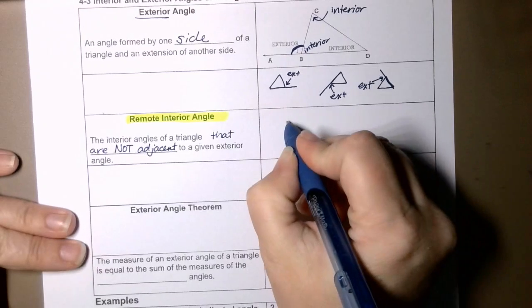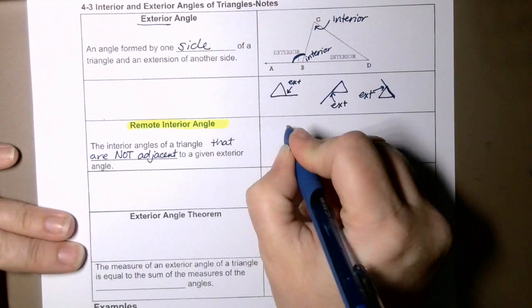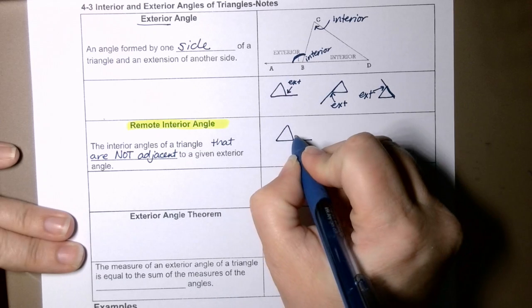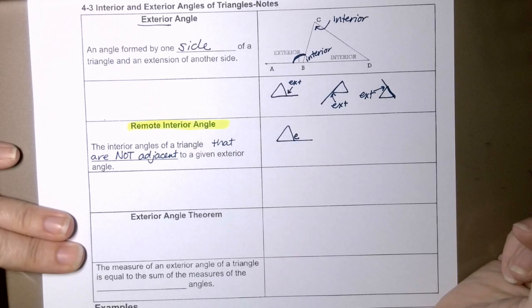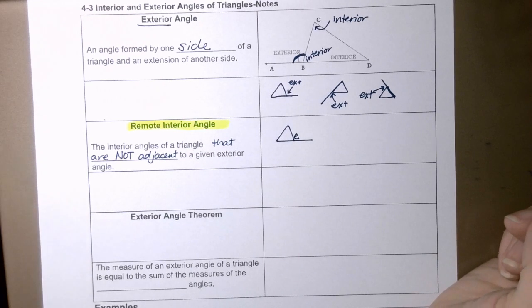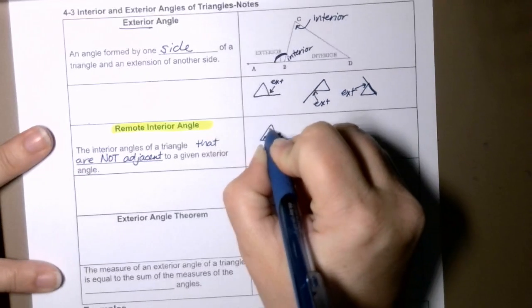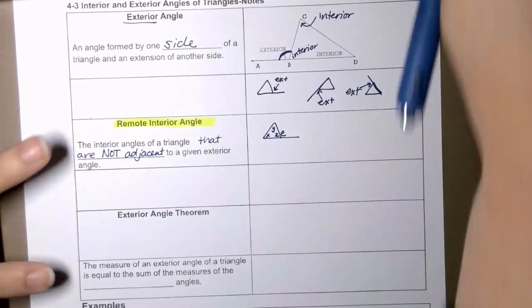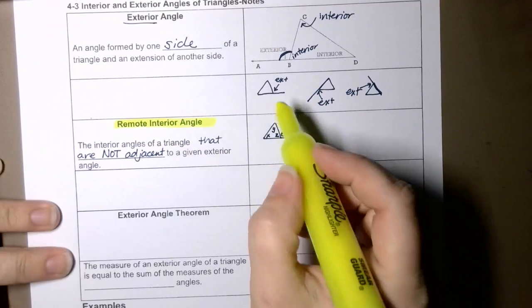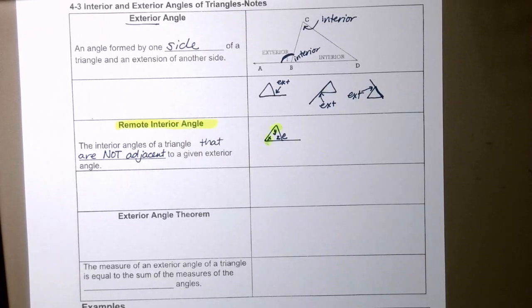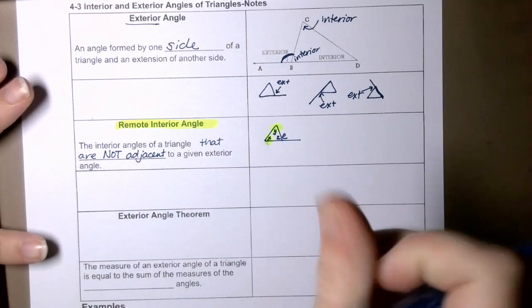So if I have a triangle, there's my extended side. This is my exterior angle. Yes? And then if I have, let's say, X, Y, and Z, the two remote interior angles would be X and Y. They're the angles that are not the linear pair with the exterior angle. Does that make sense? Okay.